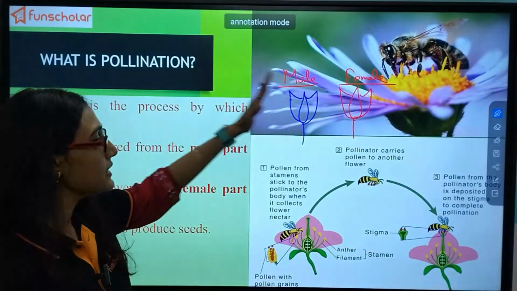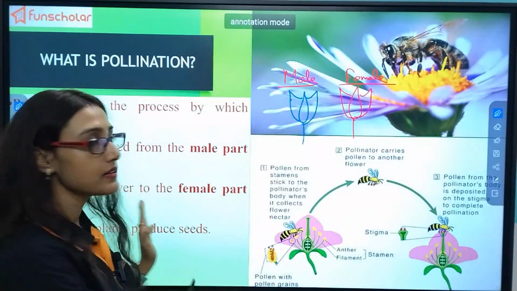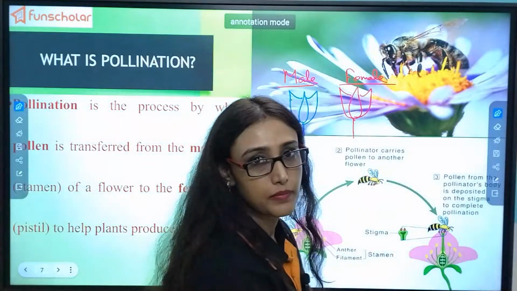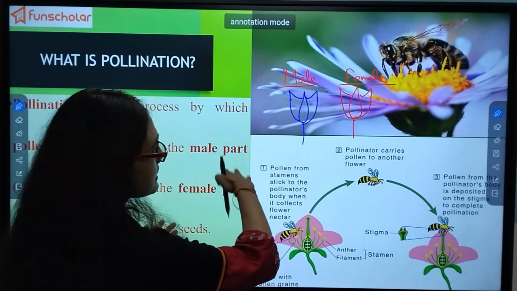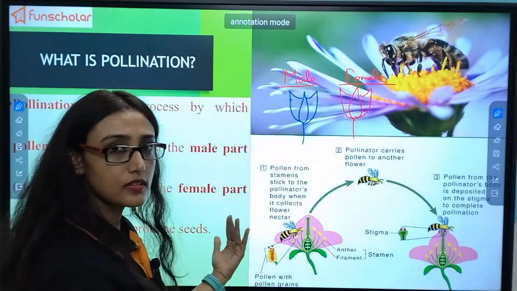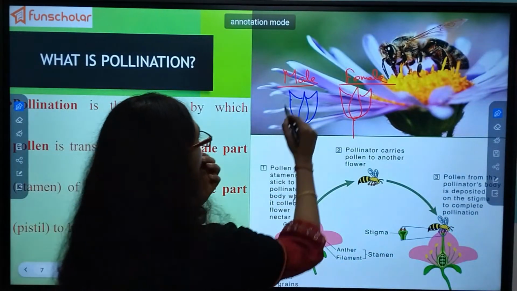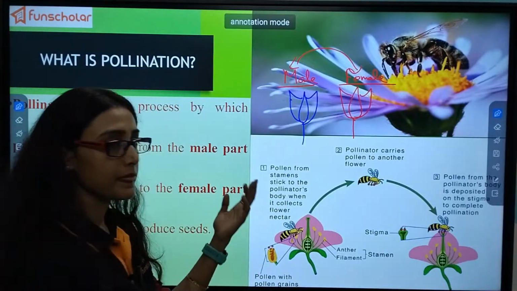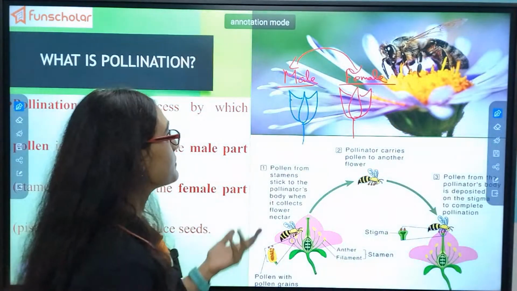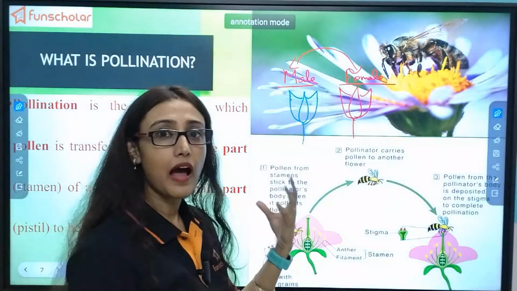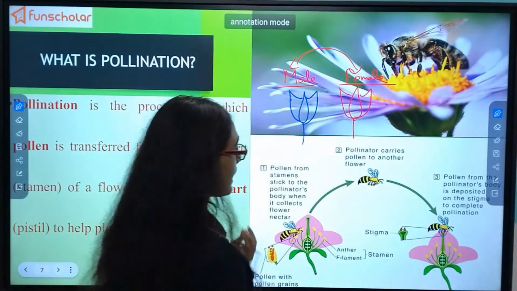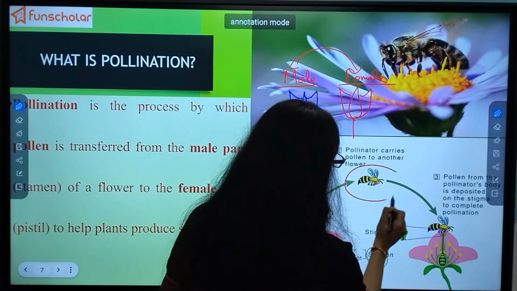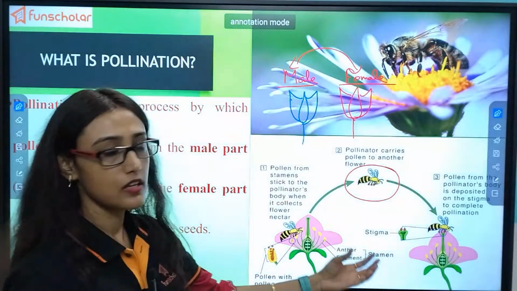The male is in a separate plant and the female is in a separate plant, or they are in the same plant but different from each other. So how will they mate, or how will the process occur? They need the help of some agent, like insects or birds or animals. Suppose a honeybee is that agent.